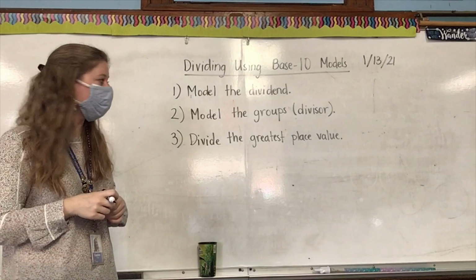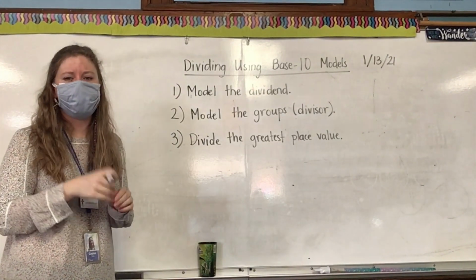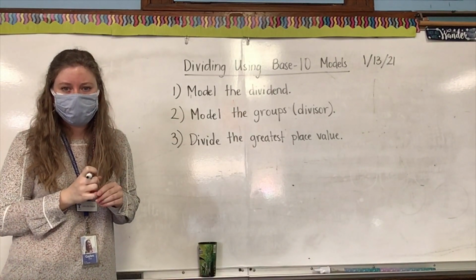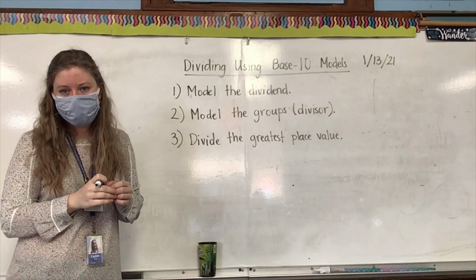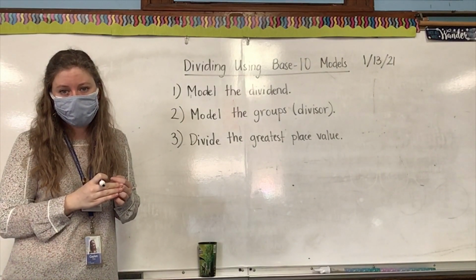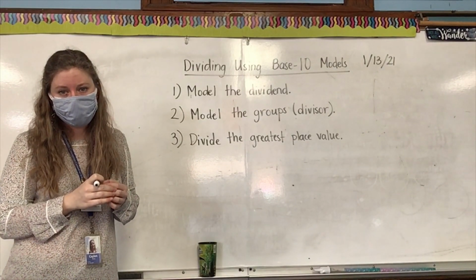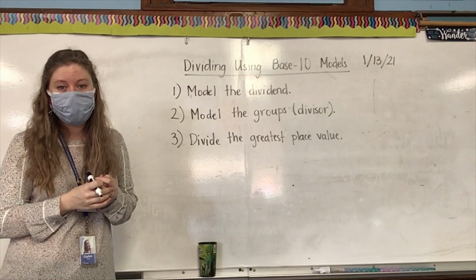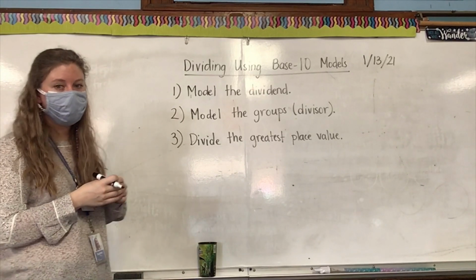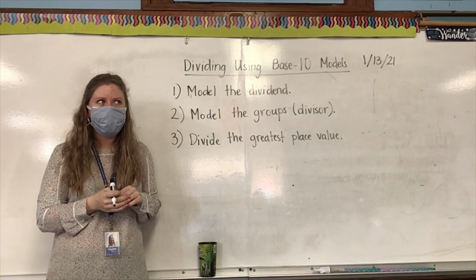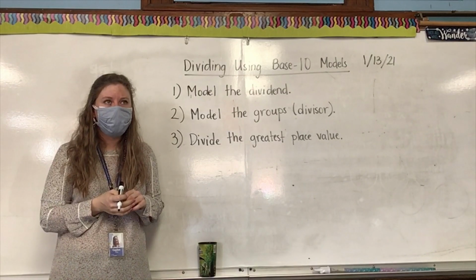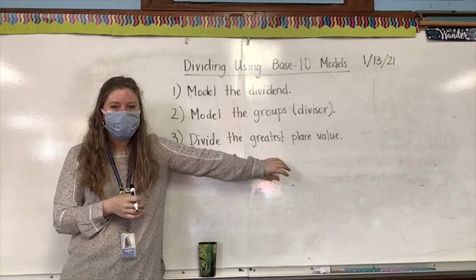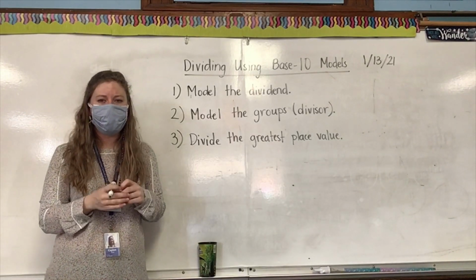Carla, how do we show dividing the greatest place value, in this case the tens? We will divide the tens, putting the tens, 10 rods, into the circles until there are some that cannot go into the circles. So, how do we do that? Do we put a bunch, do we put them all in one circle, in one group, Carla?